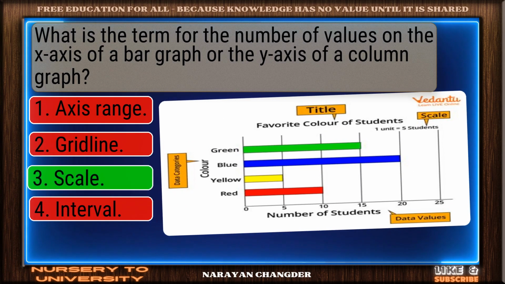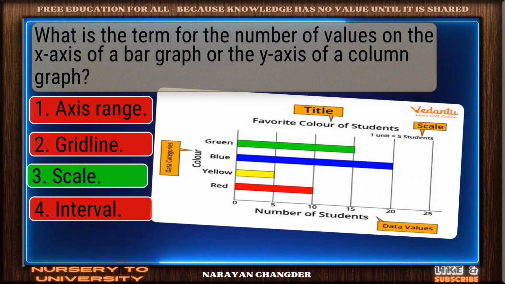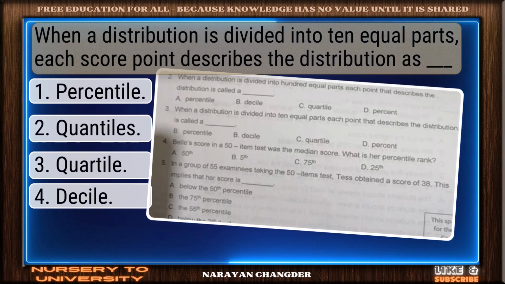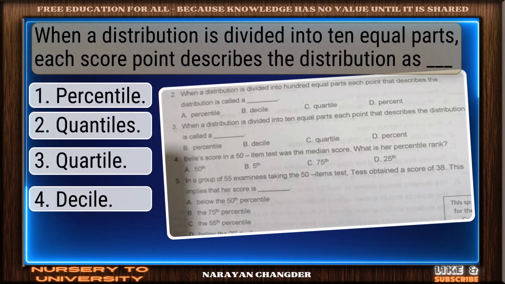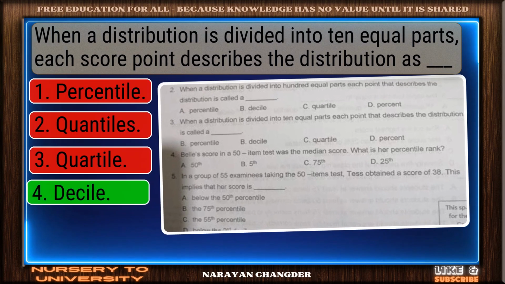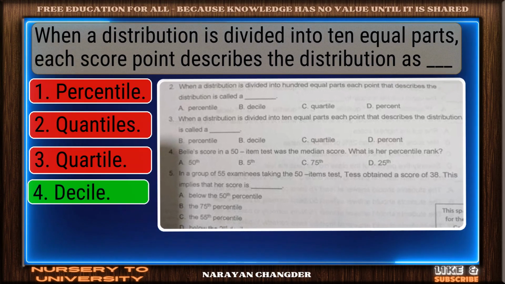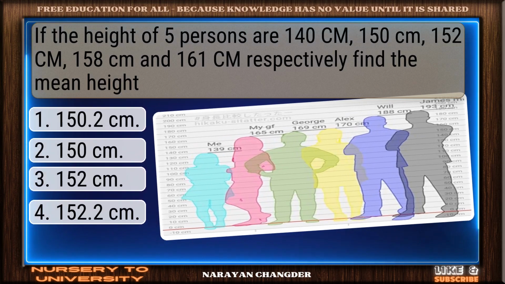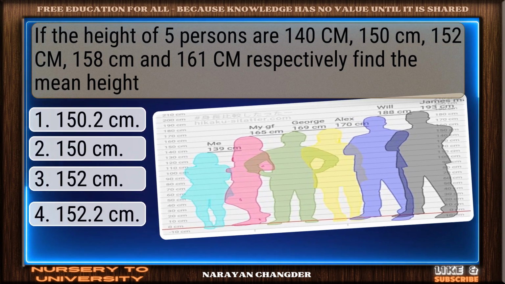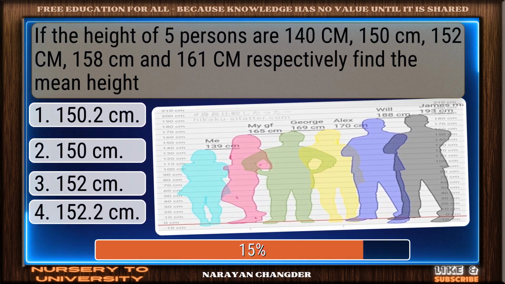Correct response. Scale is accurate. When a distribution is divided into 10 equal parts, each score point describes the distribution as dash. Great thinking. Decile is right. If the heights of 5 persons are 150 cm, 152 cm, 150 cm, and 161 cm respectively, find the mean height.